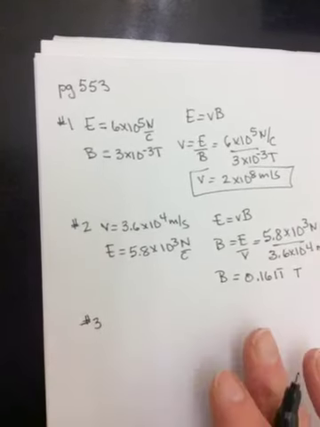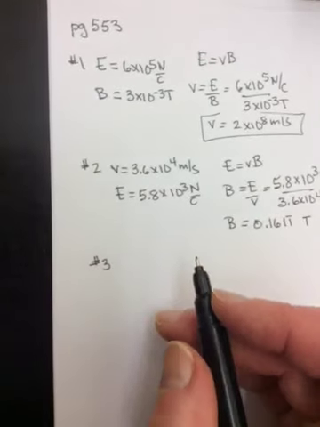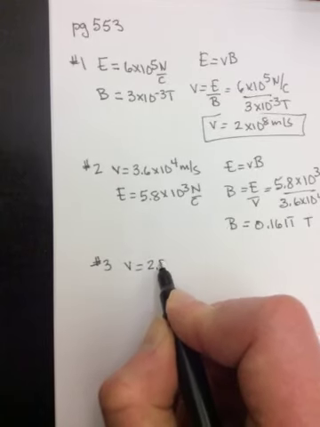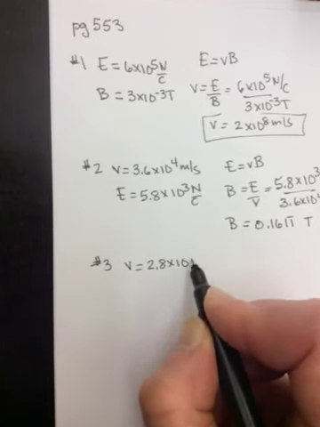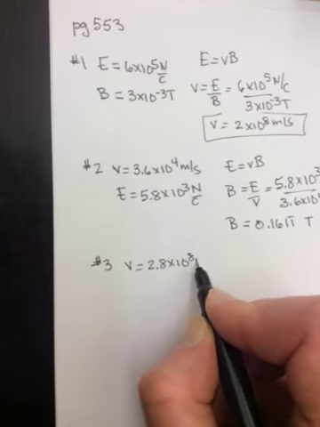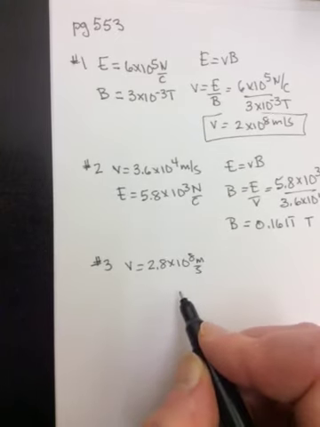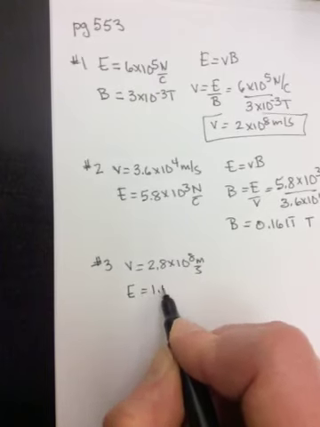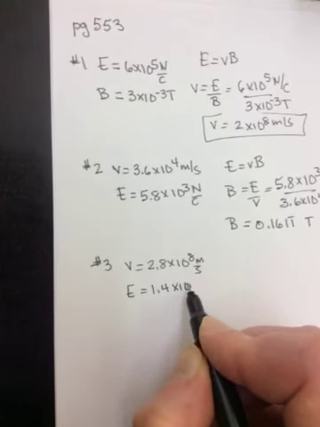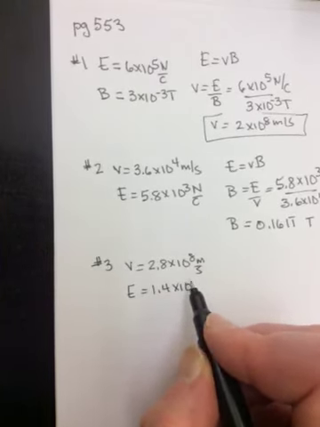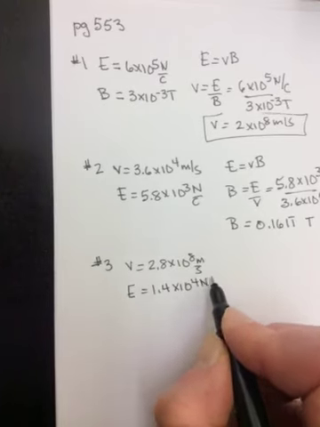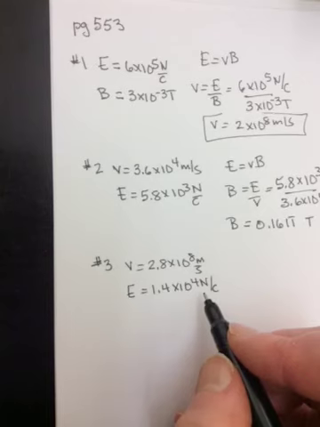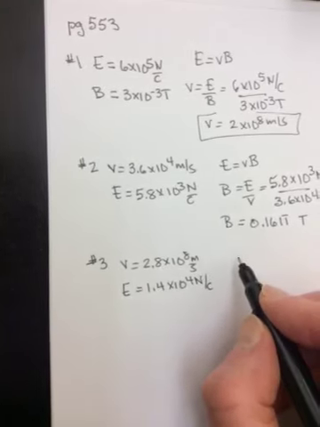Number 3. Electrons in a beam are moving at V equals 2.8 times 10 to the 8th meters per second across an electric field, E, that is 1.4 times 10 to the 4th newtons per coulomb. What value must the magnetic field have if the electrons pass through undeflected?